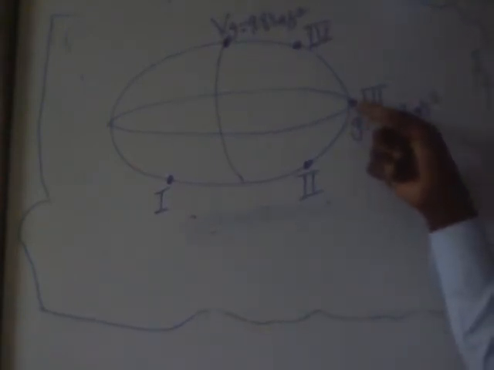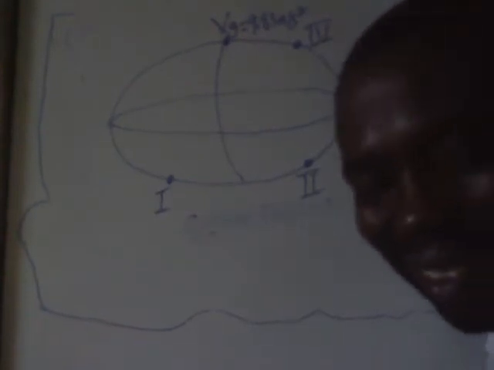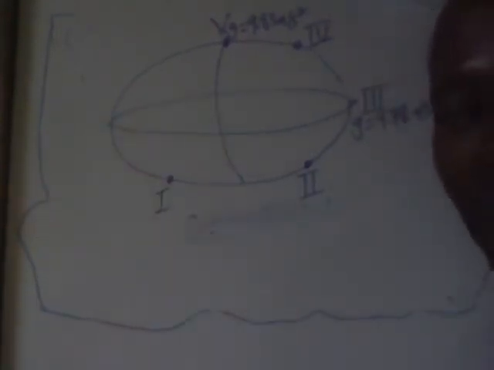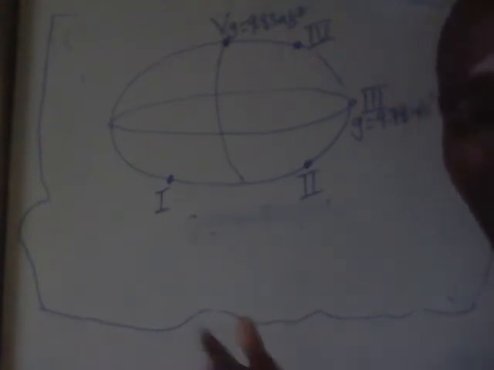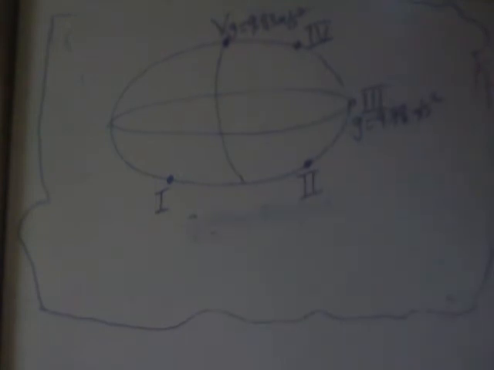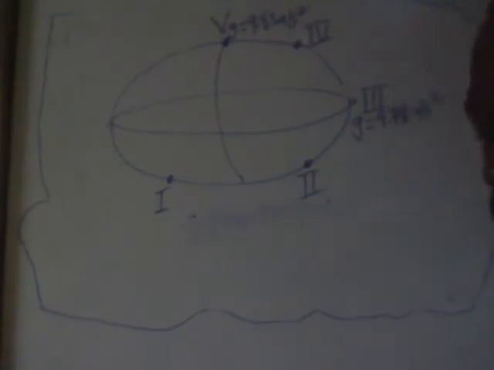As we move from the equator to the pole, the value of acceleration due to gravity increases, by roughly 0.5%. So 9.78 here, 9.83 here. So this is the pole where the acceleration due to gravity is greatest, or highest.